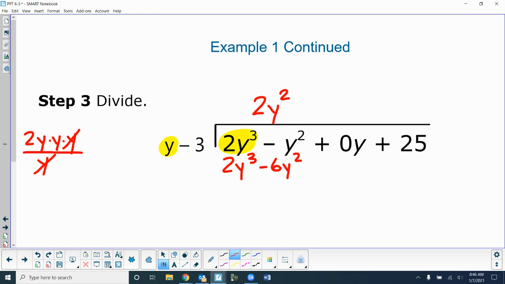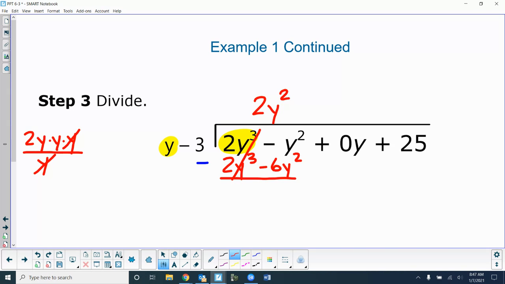That's what you want to happen. What's the next step in our procedure? Subtract. Yeah. So, what is 2y cubed minus 2y cubed? 0. It's gone. That's what we want to happen, right?